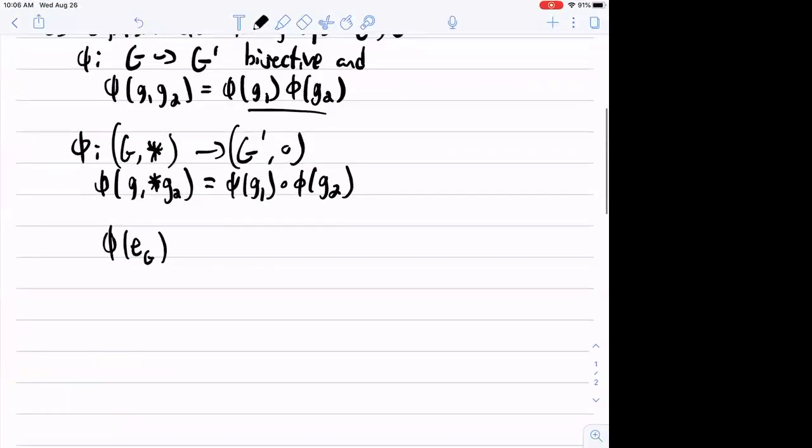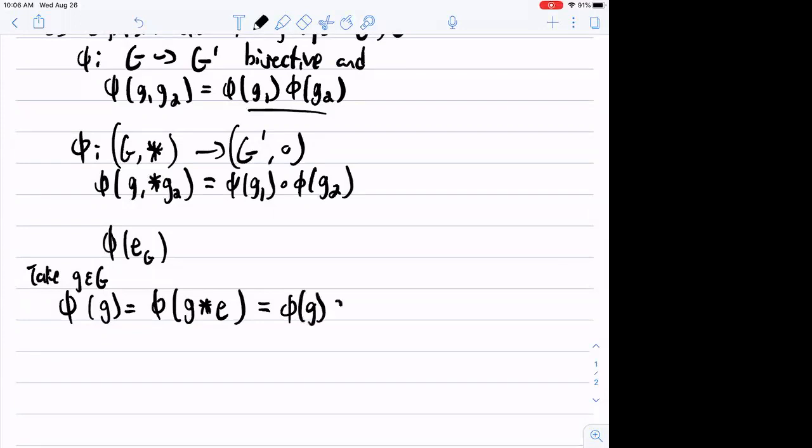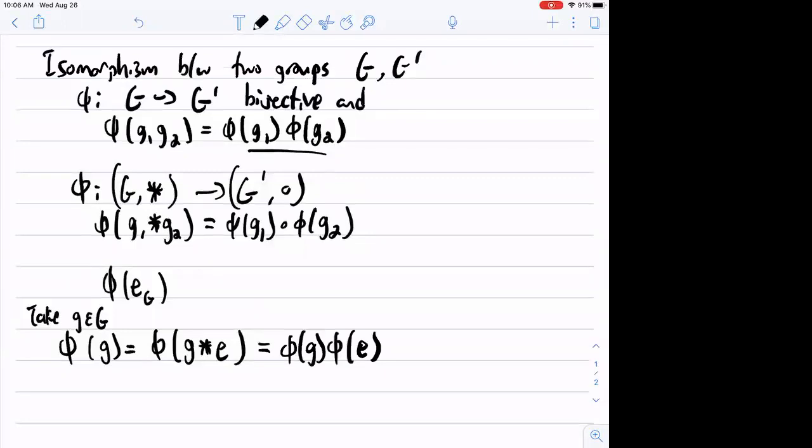So let's see. If I take an element g in G, not the identity, then phi of g is phi of g star e, because g times identity is still g. Now this must be phi of g times phi of e, since phi is an isomorphism.